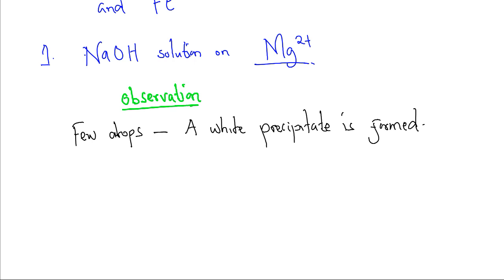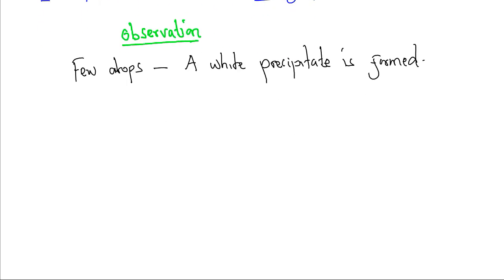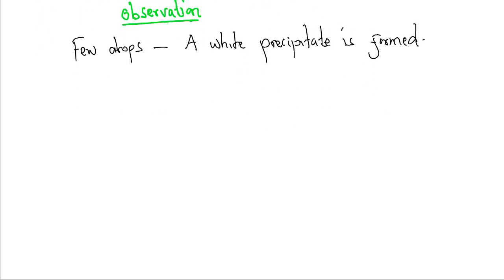When you add few drops of sodium hydroxide solution on a solution containing magnesium ion, we are forming a white precipitate.